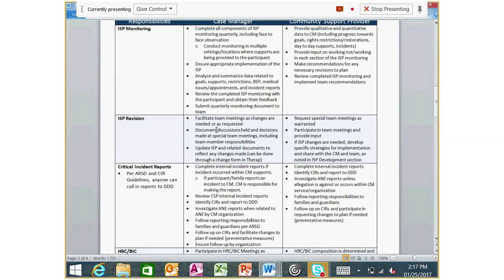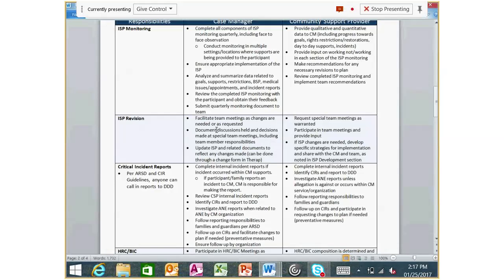Basically, it's the information that the case manager needs to review to determine if those services are being implemented as written and agreed upon by the team, and to see if there are any trends in, say, behavior incident reports or things that need further follow-up.